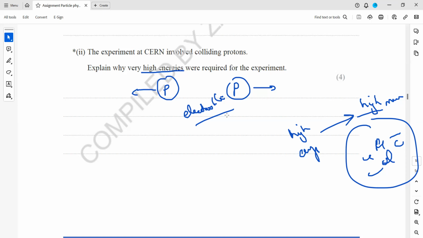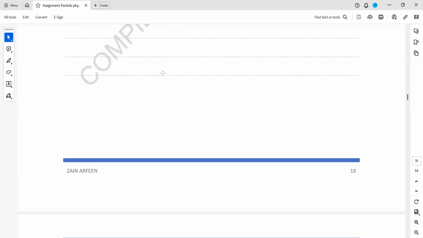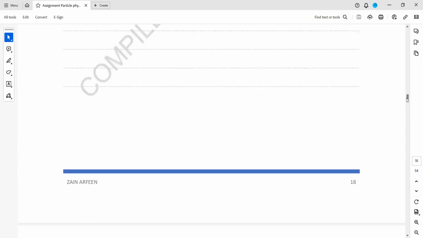Another thing, when these protons collide with each other, energy will be released. That energy is actually producing matter. Because we need more matter, we need a very high energy as well, as mass energy is conserved. So this was question 13 from particle physics.